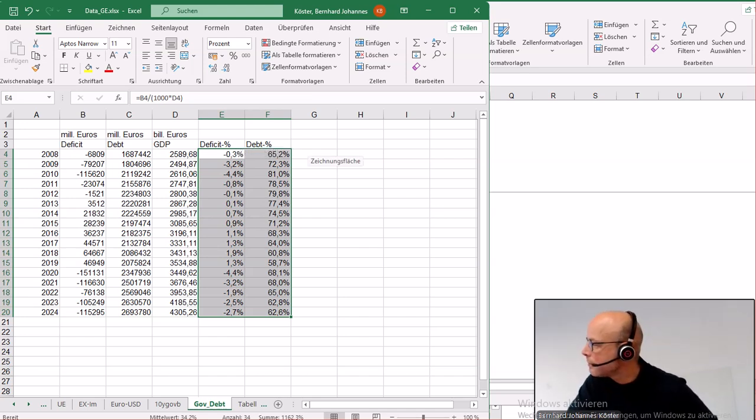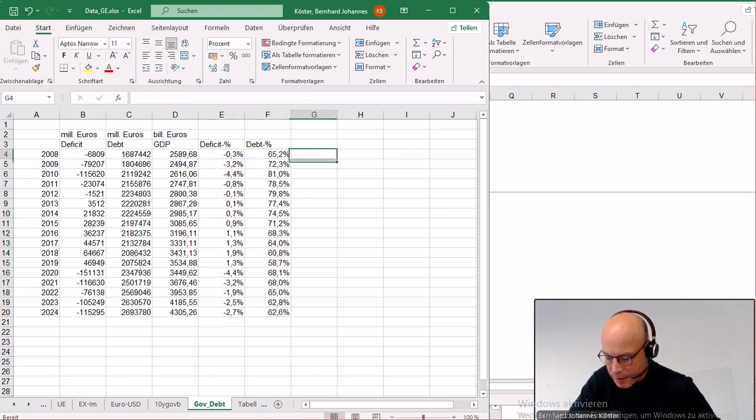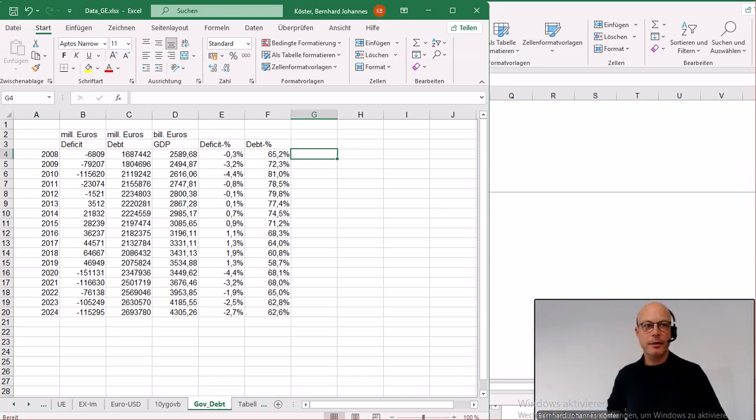And in percent, this is quite good. And yeah, maybe for the European Union or the European Monetary Union, you won't have such numbers for your countries, I think, but there we have the so-called Maastricht deficit criterion that it shouldn't be larger than 3%.